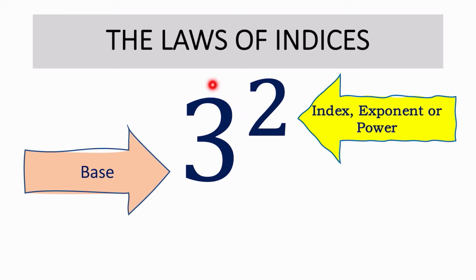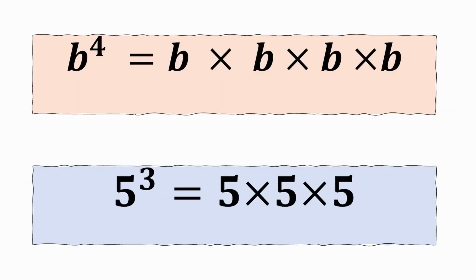here. The base is what tells us what is to be multiplied, whilst our power is what tells us how many times we are to multiply our base. These are 2 examples. b risen to the 4th power, written in its expanded form, is b being multiplied by itself 4 times.